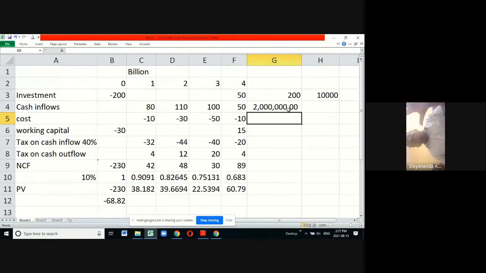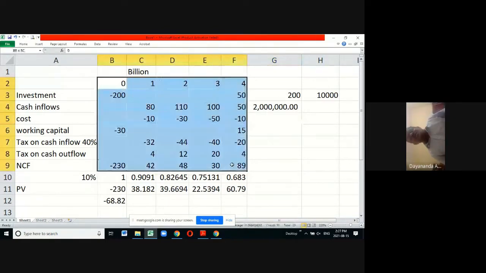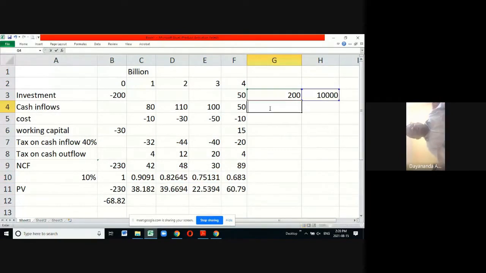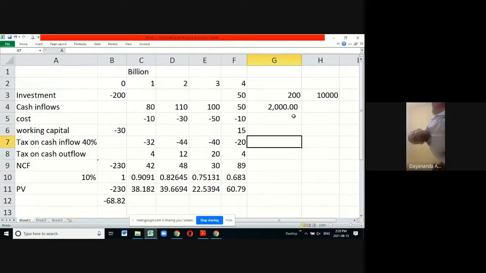Now, suppose you are going to implement a new project for that business. We'll assume the project value is 200 billion.